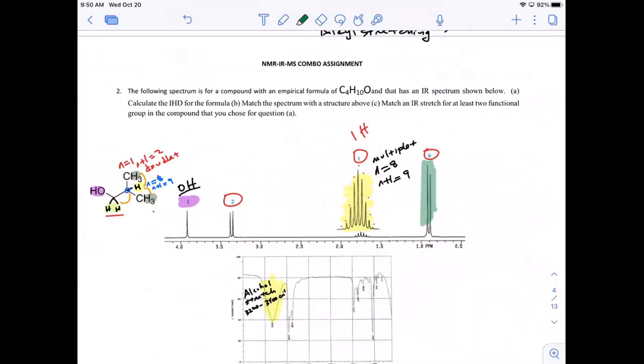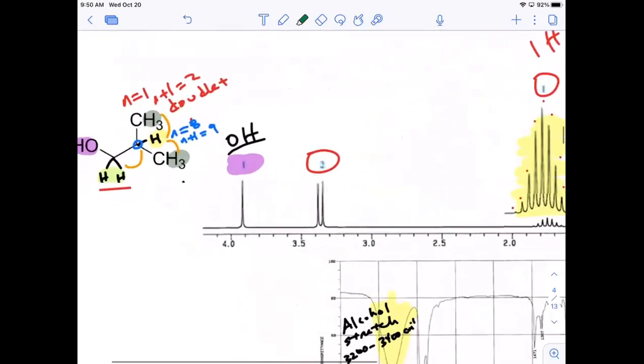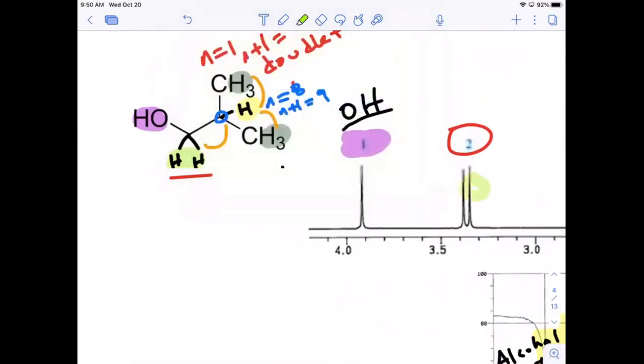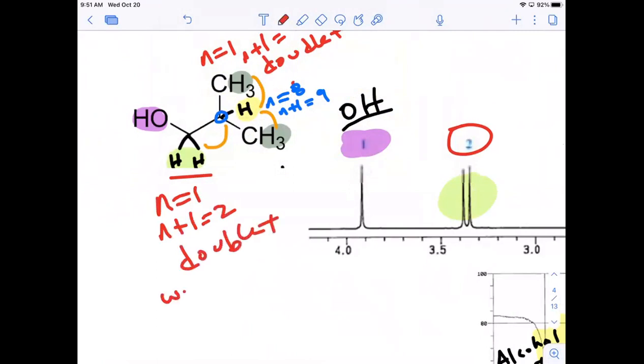All right, and so now the other doublet has got to be this one, right? The light green. Yes. This is going to be a doublet. It will not couple with the OH.